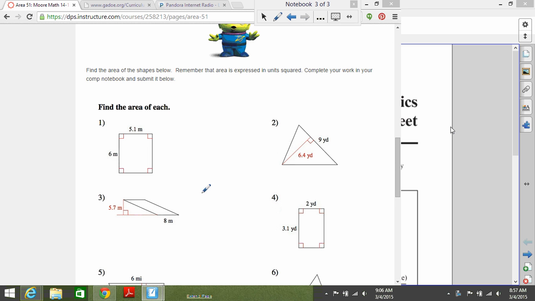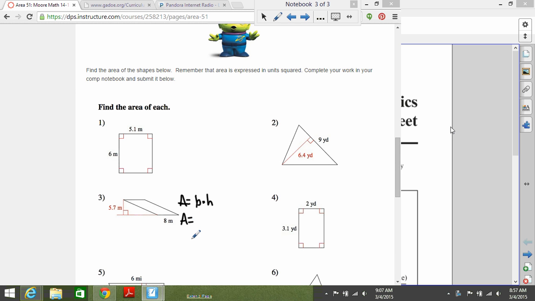Okay, number 3. What shape is this on number 3? Parallelogram. Okay, what's the formula for parallelogram? Okay, so A equals base times height. Plug in.